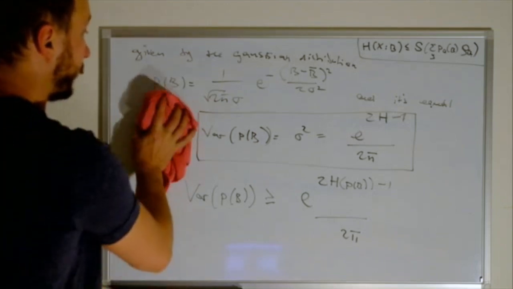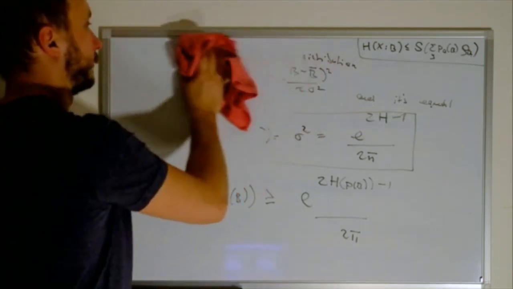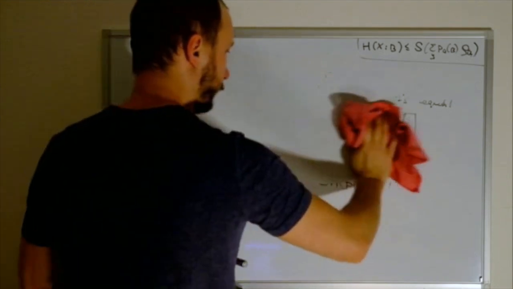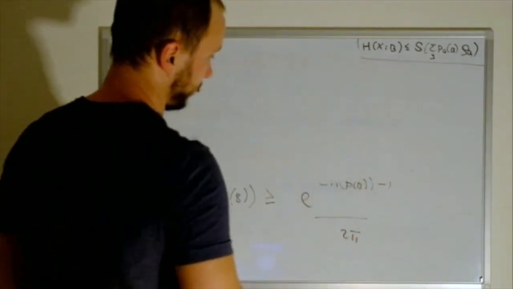Then it means that our bound, which we just derived, also tells us something about the variance of the posterior distribution.